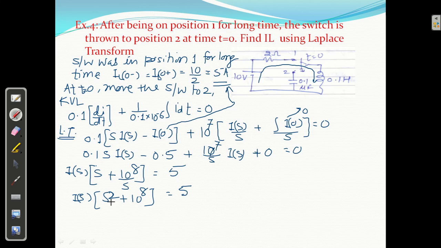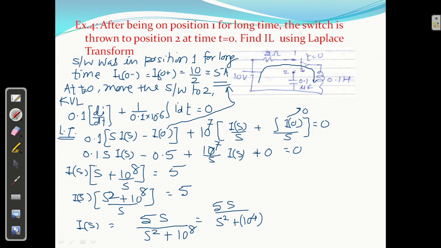So 5 into S. So I of S equal to 5 into S upon S square plus 10 raised to power 8. I'm getting this equal to 5S upon S square plus 10 raised to power 4 square. We can write it like this also.